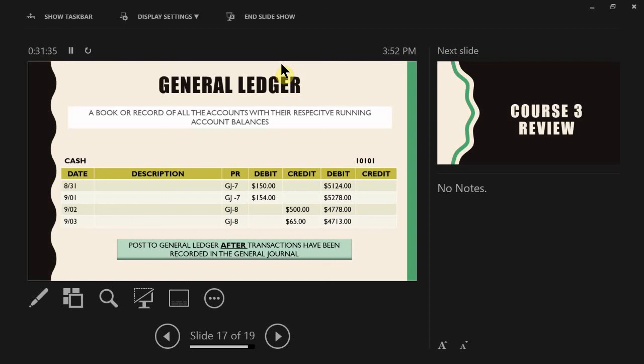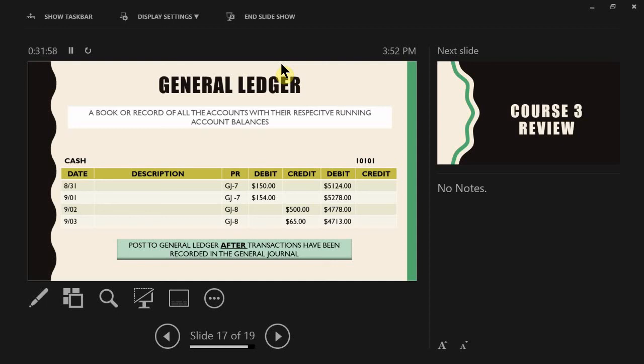So in this case, we're looking at every single account, and with every single account, you have a list of all your transactions that occurred. But the difference is that you're going to have an additional 2 columns for the credit and the debit side. And again, same concept applies.